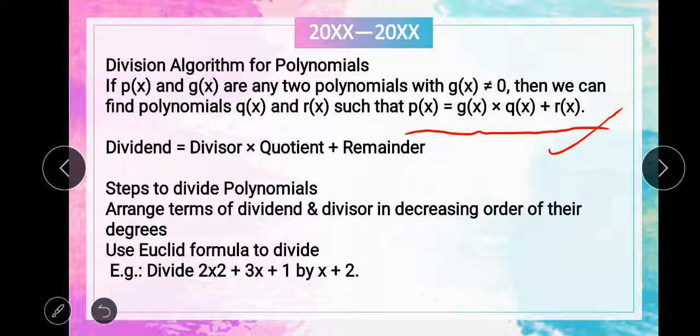This is nothing but dividend is equal to divisor into quotient plus remainder. Now, steps to divide polynomials: arrange terms of dividend and divisor in decreasing order of their degrees. Use Euclid's formula to divide 2x square plus 3x plus 1 by x plus 2. Example. Now, let us see the example and verify the division algorithm for the given example.